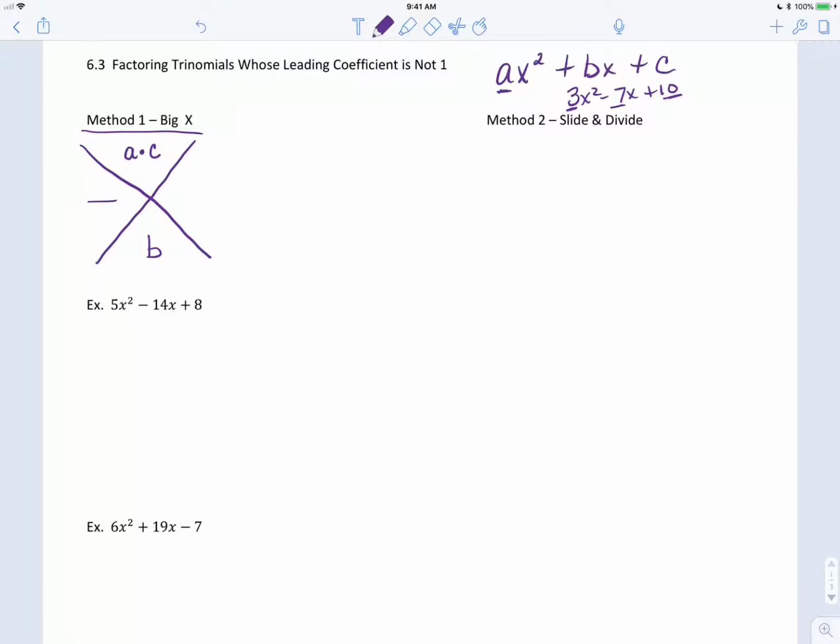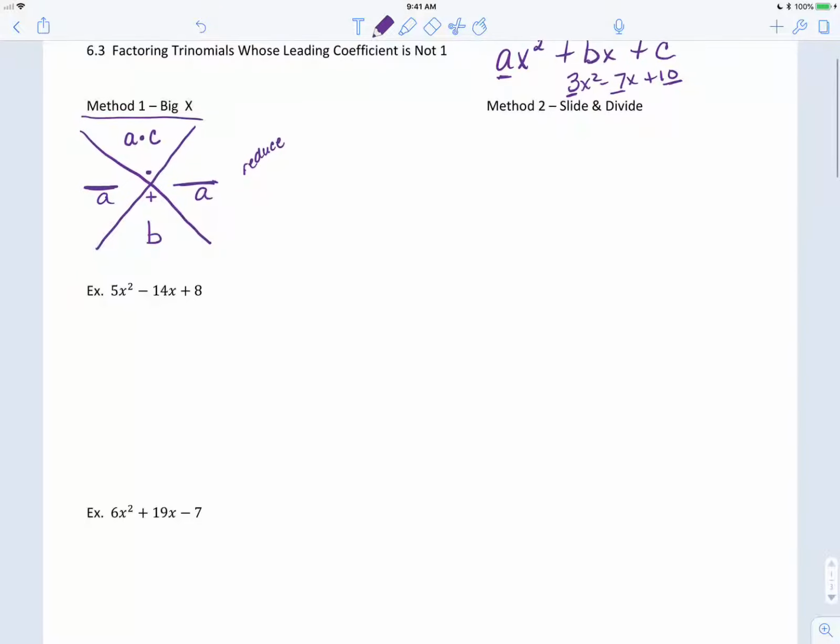Then you're going to divide by the a term over here. So you're going to come up with factors that multiply to be a times c, but add to be whatever that b term is. Then you'll divide by a, reduce, and those are your factors.